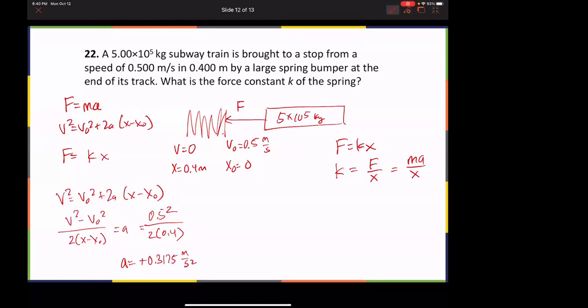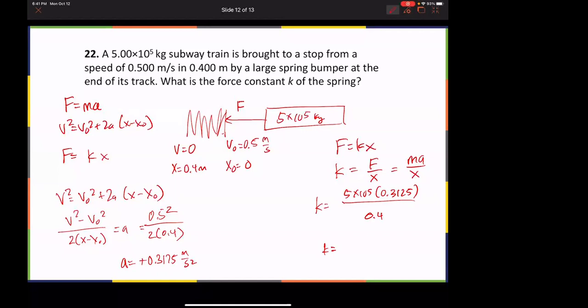So now I can plug this into my equation for k. And this better be a big number because we're stopping the train here.